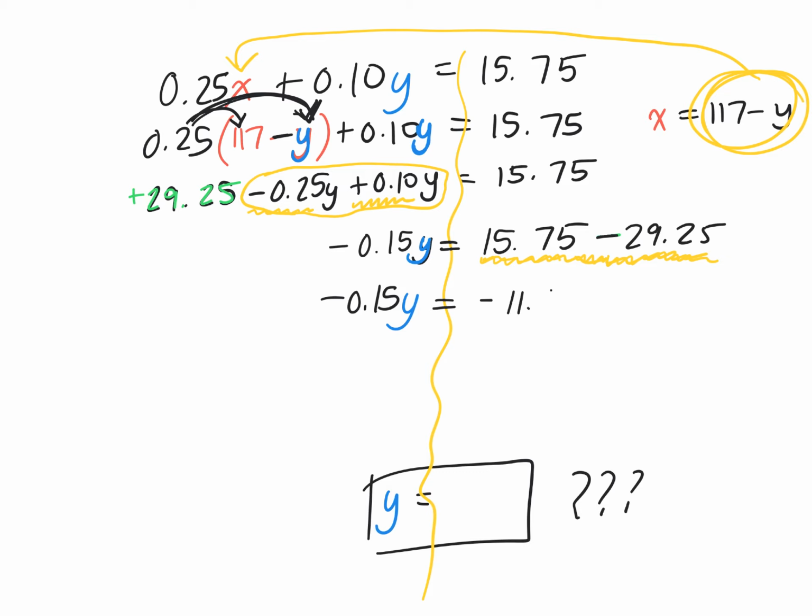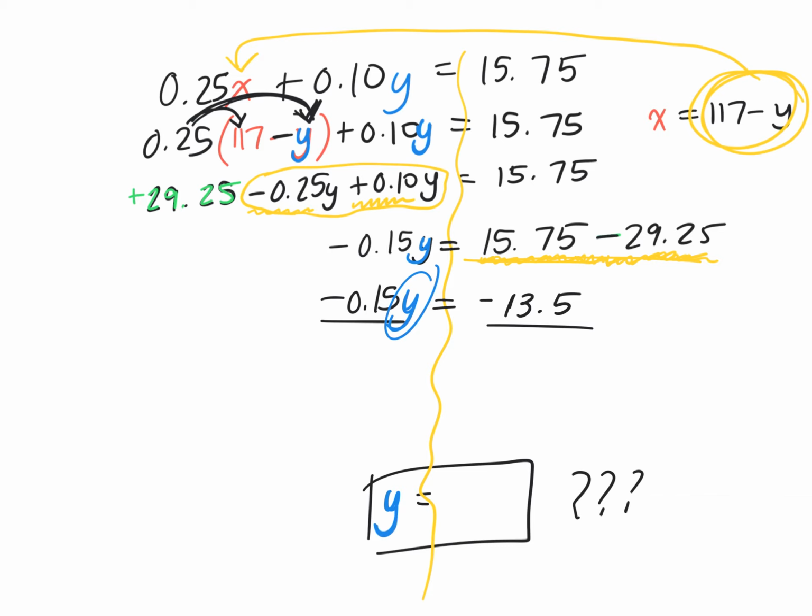Negative 11.7. Am I done? I'm trying to figure out what y equals. What's the last step to isolate y? What do I have to do to both sides? I'm trying to get y by itself. Divide by. Okay, so that should have been negative 13.5. When you subtract these two, you get negative 13.5, right?